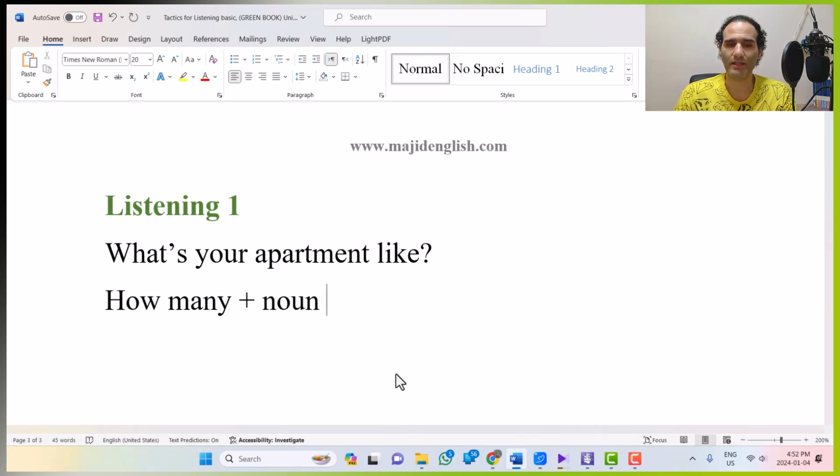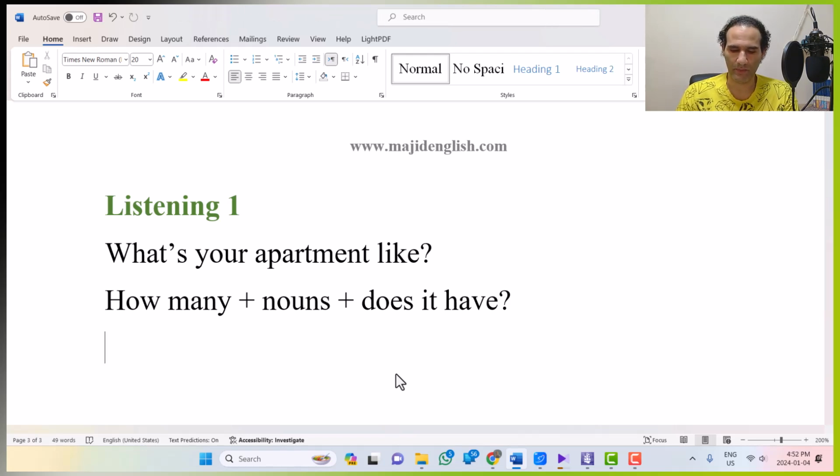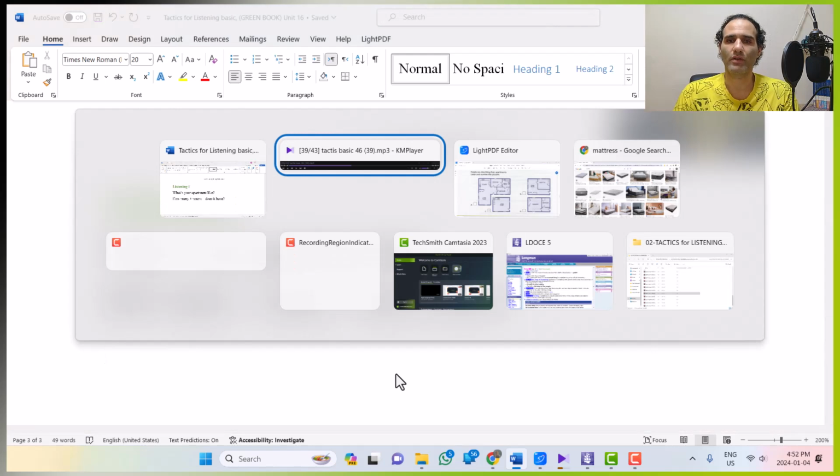So in this case, how many rooms does it have? And plural. How many brothers do you have? How many books does she have? How many cars did he have? All of them in how many structure.